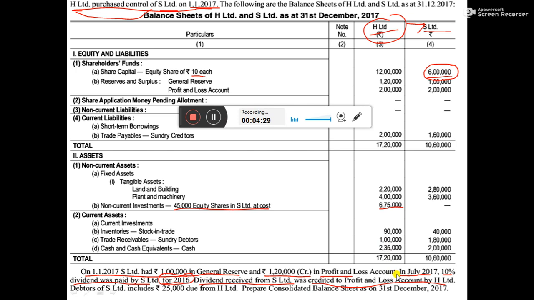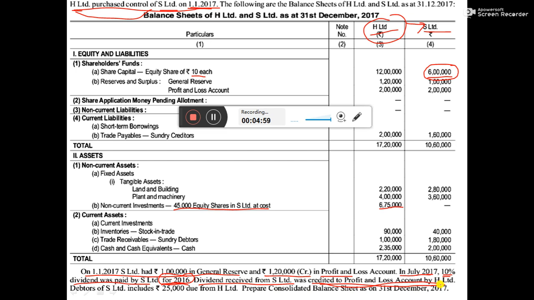But if we read this statement carefully, it is mentioned that in July 2017, even though it was declared and paid in 2017, it was paid for the year 2016. So basically, this dividend of 10% is paid out of pre-acquisition profit, and whenever dividend is paid out of pre-acquisition profit, it is not credited to profit and loss account.